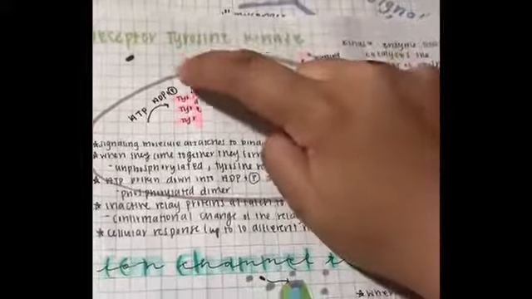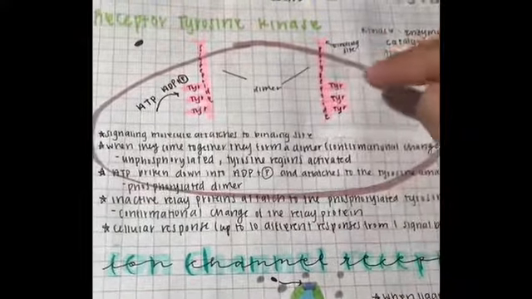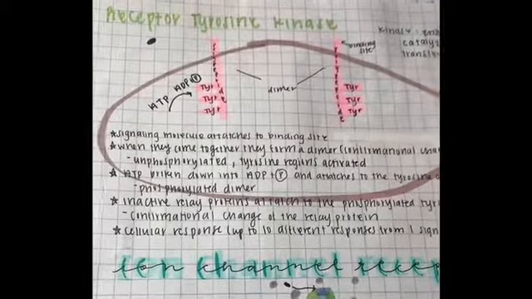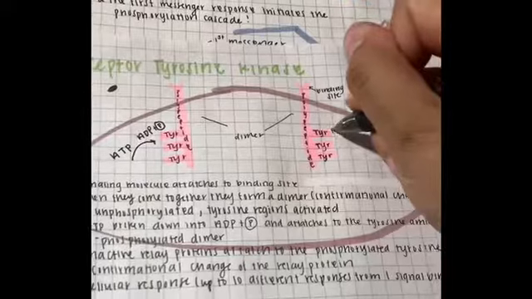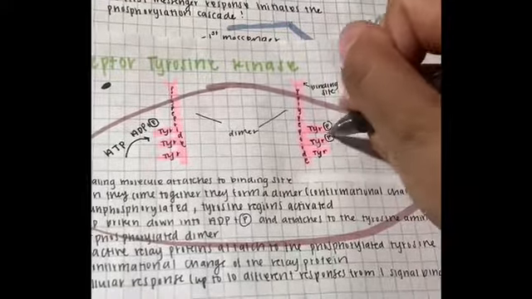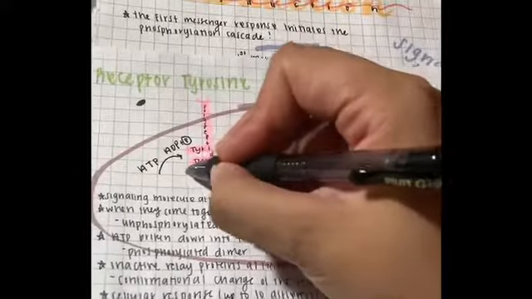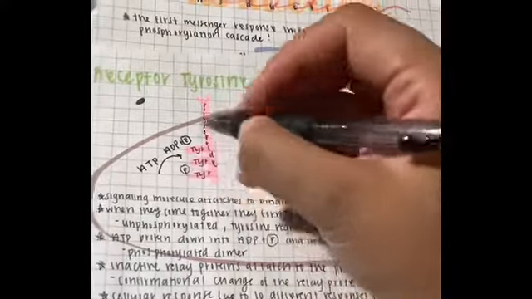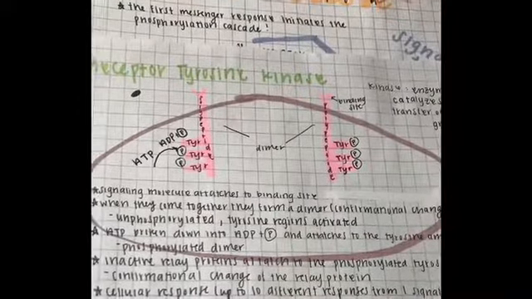Then that phosphate group will attach to each of these tyrosine regions right here. There will be 6 of them in total. So just for visual, we'll have phosphate groups attached to each of them, and same on this side. So the phosphate groups are attached.